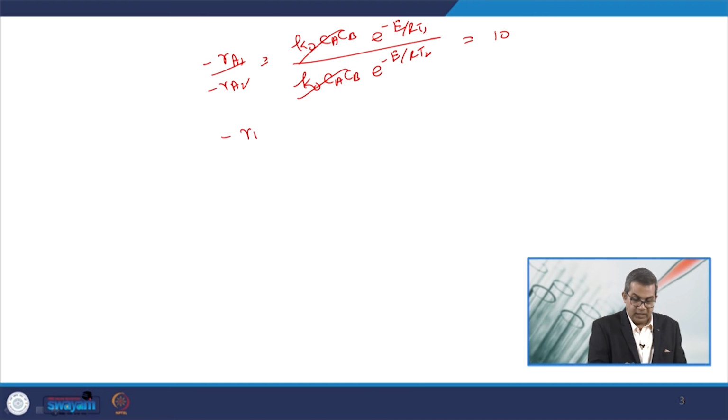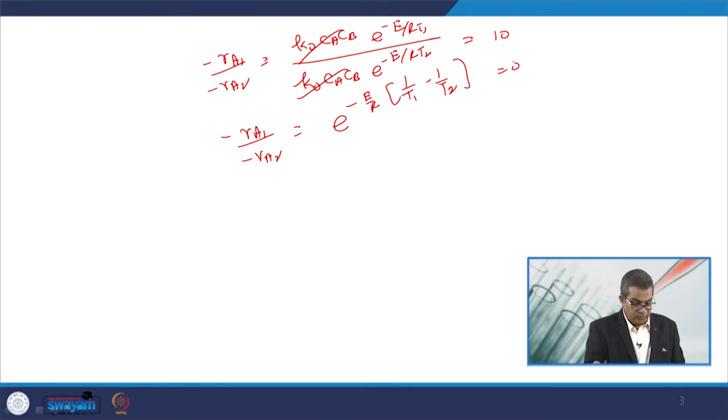So minus Ra1 upon minus Ra2 is equal to e to the power minus E upon R into 1 upon T1 minus 1 upon T2, that is equal to 10.